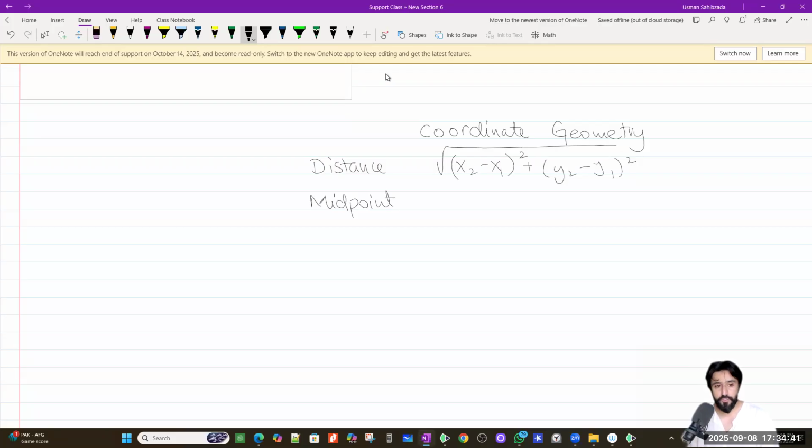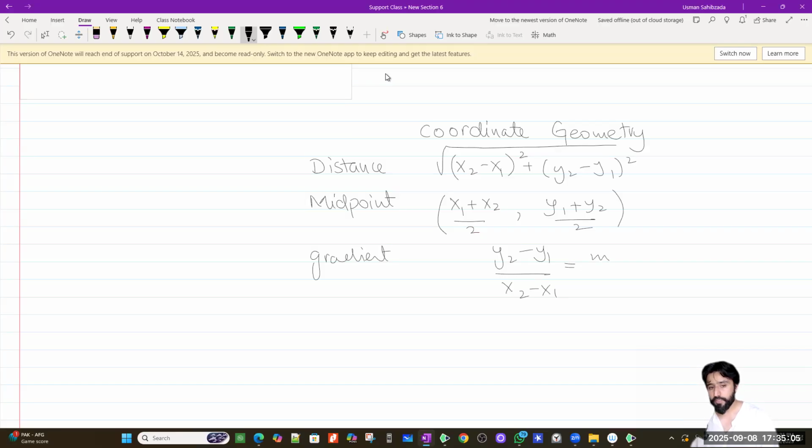You should know it. Midpoint formula is the average of y values and the average of x values for 2 points. Gradient formula is again very basic. Rise over run, change in y over change in x, y2 minus y1 over x2 minus x1.